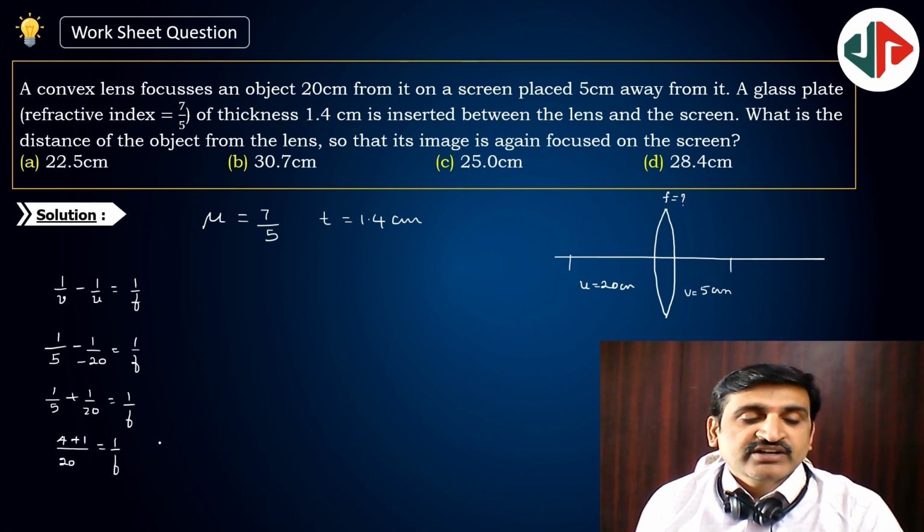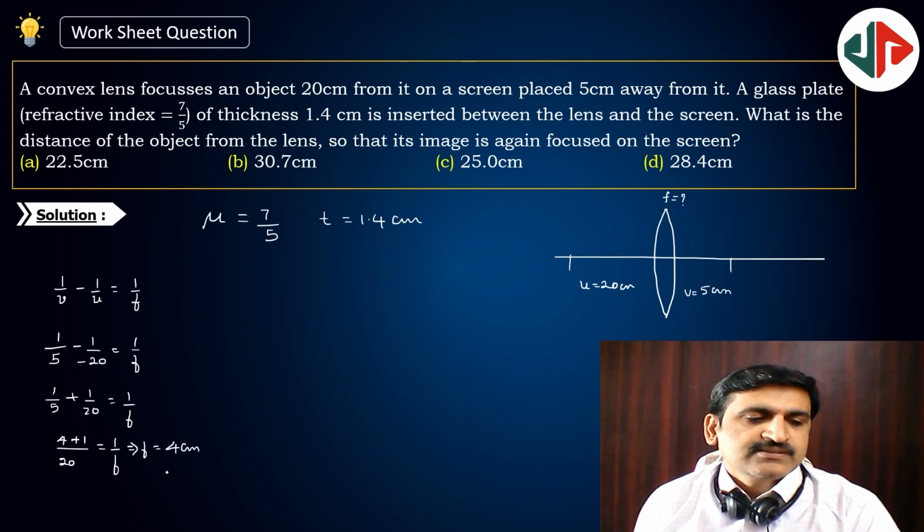Usually people will forget reciprocaling, don't forget reciprocaling. So f is equal to 20 by 5, that is 4 centimeters.